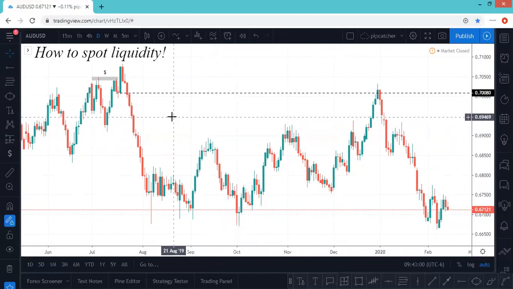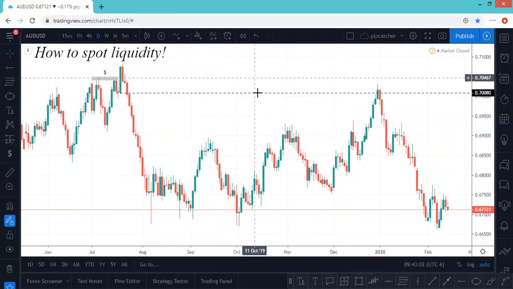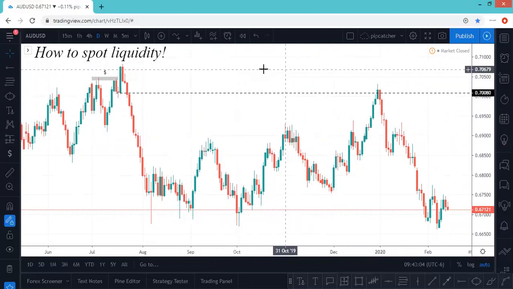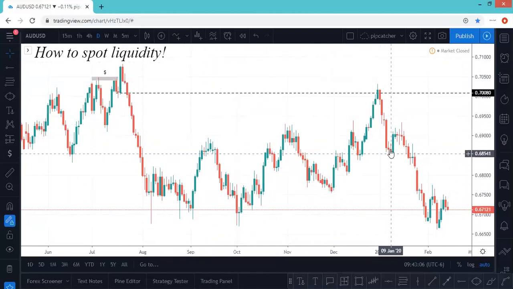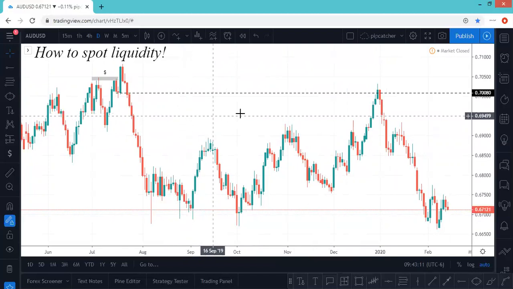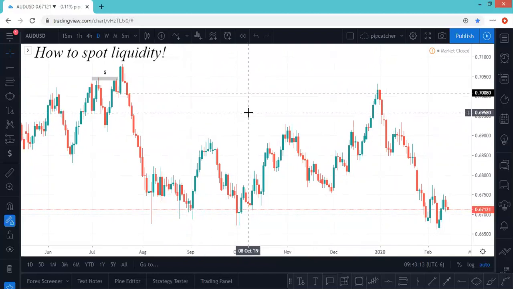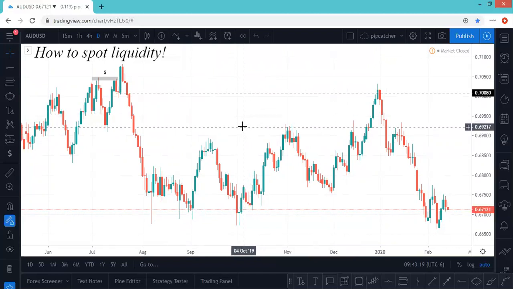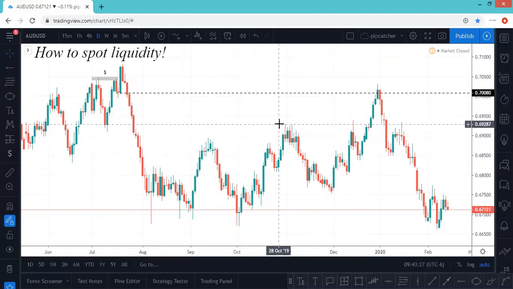An objective for banks, institutions, prop firms, hedge funds, all of that, is to sell at a higher point than you and buy at a lower point than everyone else, right? So they want to sell higher and buy lower than everybody else.